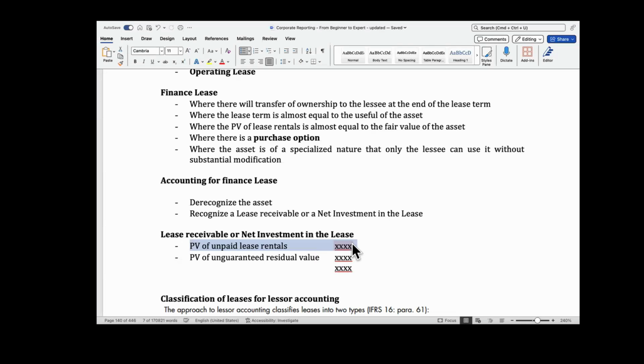However, in some situations, the lessor might believe that he can get much more than the lessee is guaranteeing. So if the lessee is guaranteeing a residual value of 50,000, the lessor can say that the asset should be able to go for 70K.